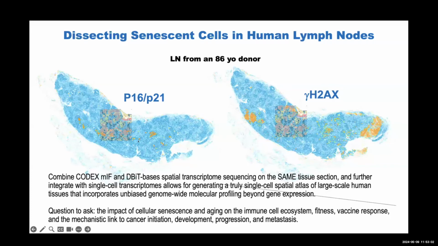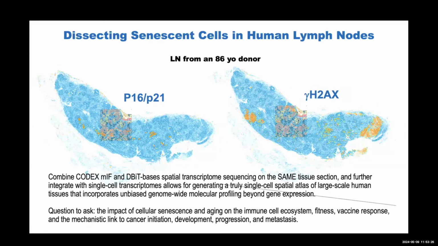So now we're able to get data from the same tissue. For example, in this particular region you see high P16, P21 senescent markers that are senescent-like, but now you have unbiased genome-wide sequencing data, and you can really discover what drives those cells to become senescent.